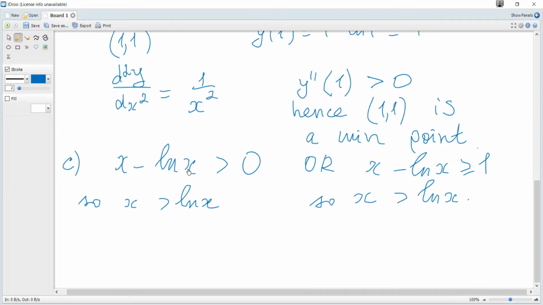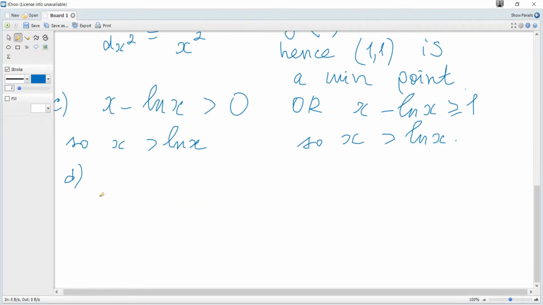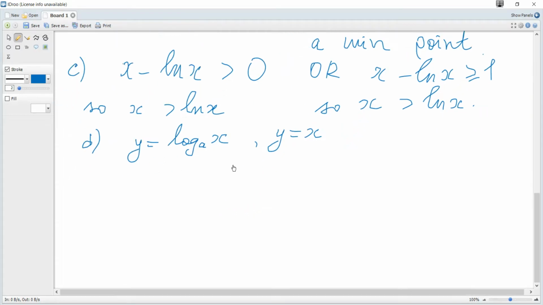The next, D. There exist values of a for which the graph of y is log to the base a of x, and the line y is x, do have intersection points. The following table gives 3 intervals for the value of a.